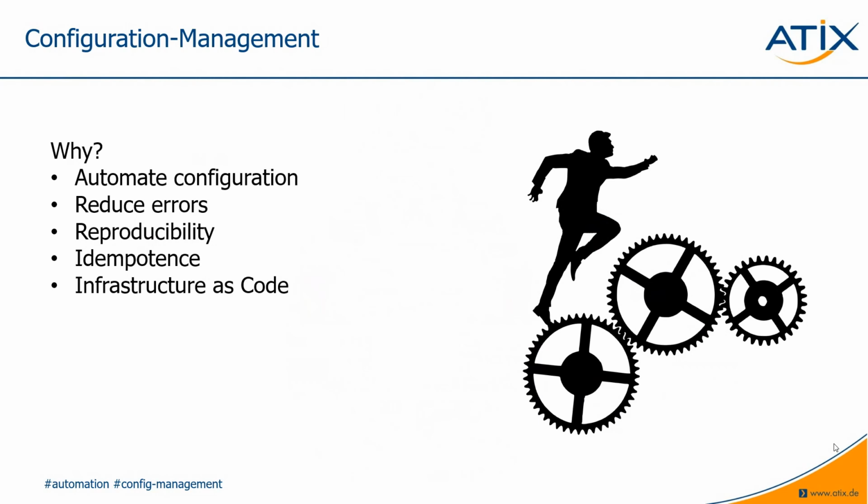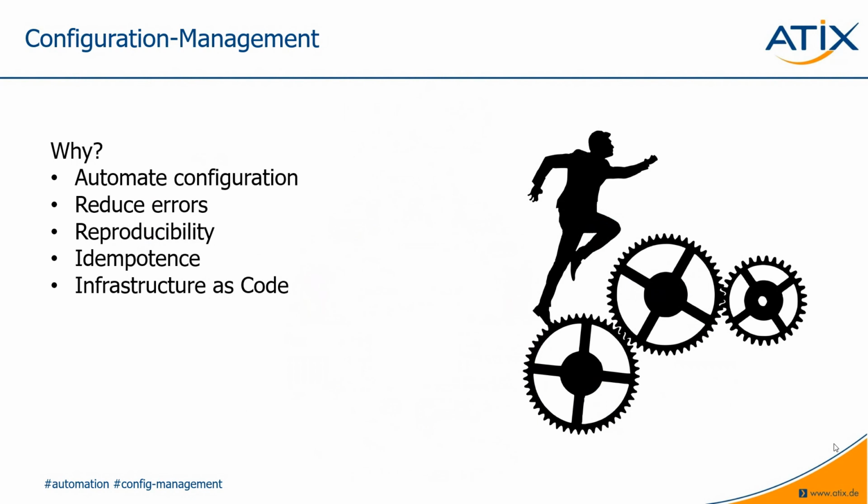The other thing is why you want to automate things is to have reproducibility. So you want the possibility to create the same configuration again and again. And even this can be done with bash scripts. But the difference comes if you need idempotence.